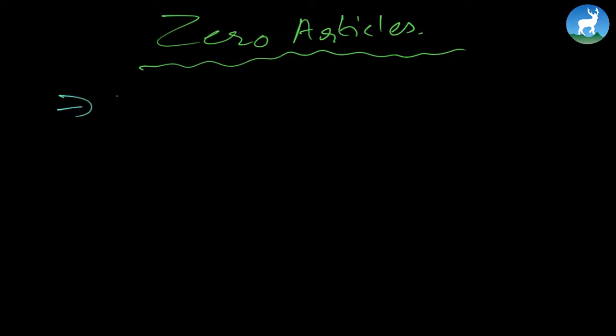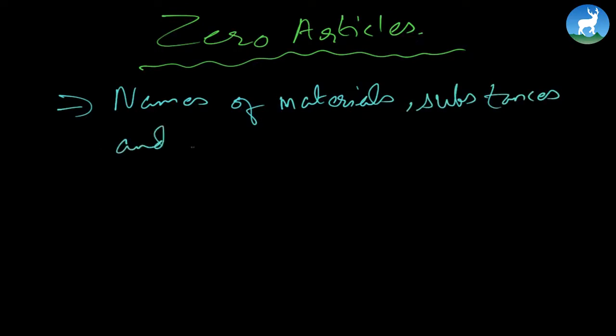We don't use articles with names of materials, substances, and abstract nouns. So focus on these three aspects: materials, substances, and abstract nouns.